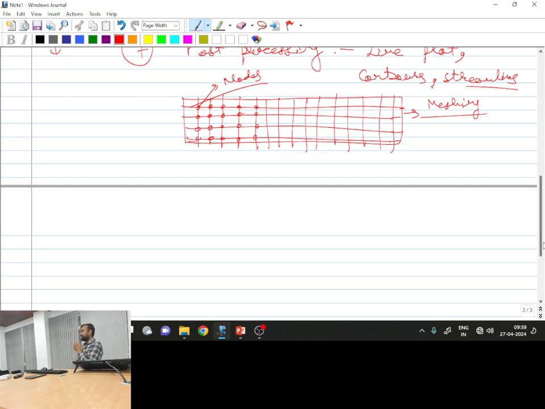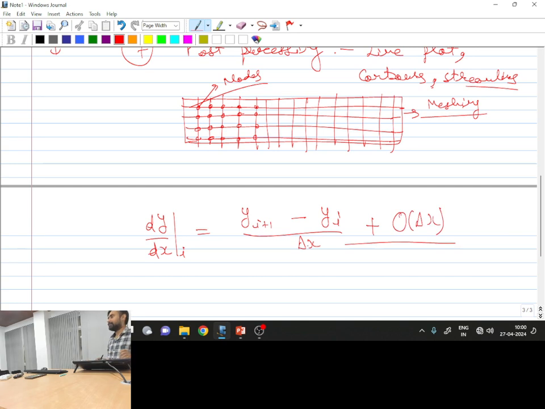On the other hand, if you numerically solve a partial differential equation, whenever you do this process of discretization and replace the derivative terms with algebraic difference equations, the way I was discussing in one of the lectures when we were talking about vorticity, for example, if you have to write dy by dx using the forward difference scheme at point i, then you will write y at point i plus 1 minus y at point i divided by delta x, plus order of accuracy delta x.